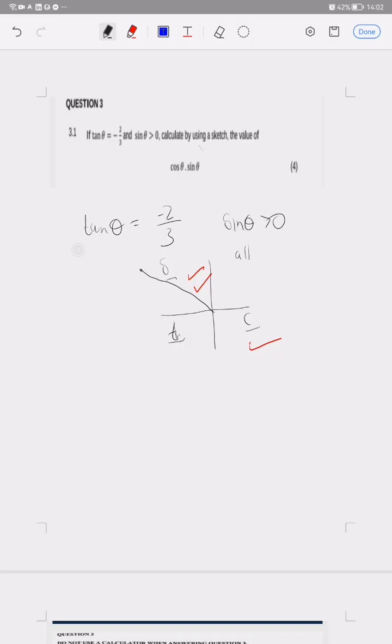So first of all, we know that tan theta is equal to -2/3. So what do I check? Tan theta is basically y over x, right? So by the way my diagram is drawn, I know here only the x values are negative, and here the y values are positive.